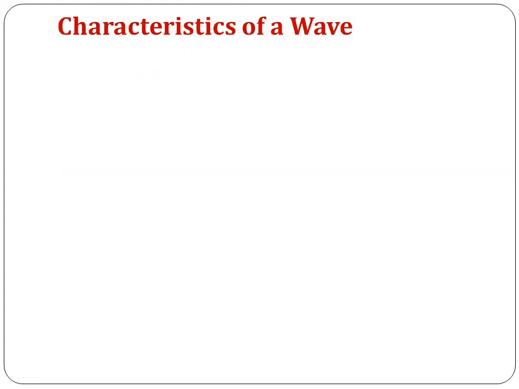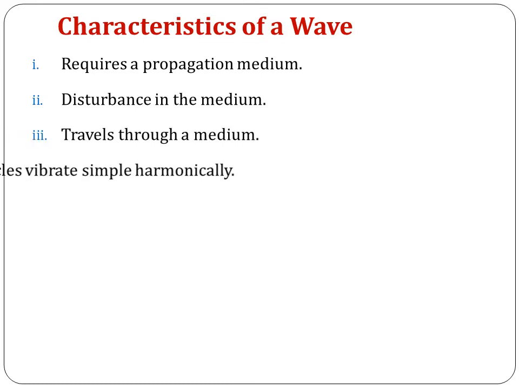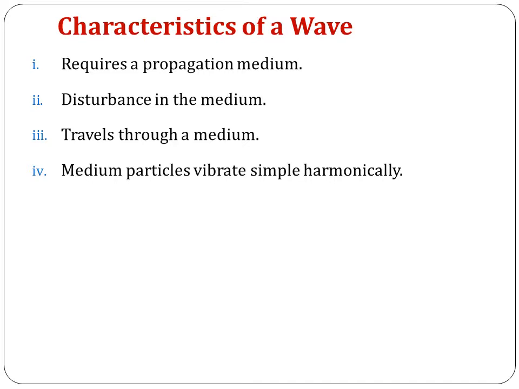Now, for some characteristics which a wave must possess in order for it to propagate. 1. It requires a medium for its propagation. 2. A wave is basically a disturbance caused in the medium. 3. The wave travels through the medium. 4. During the wave propagation, the medium particles vibrate simple harmonically about their mean position. 5.